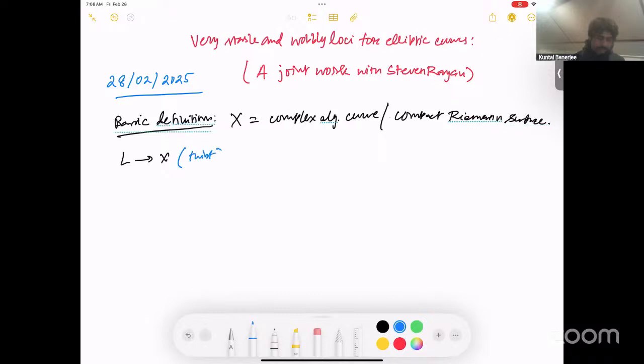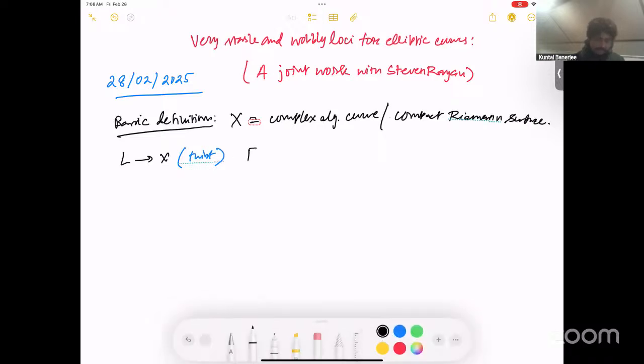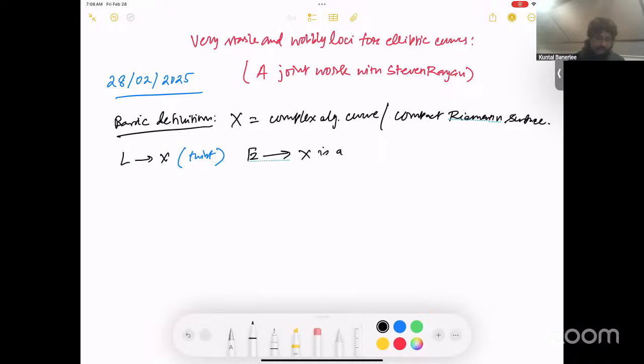We call it the twist, L. And E on X is a holomorphic vector bundle of rank R. So once you have this holomorphic vector bundle, you can define a morphism between holomorphic bundles from E to E twisted by L. So this morphism phi is often called an L-twisted Higgs field.